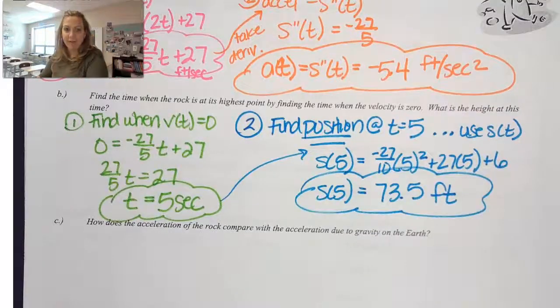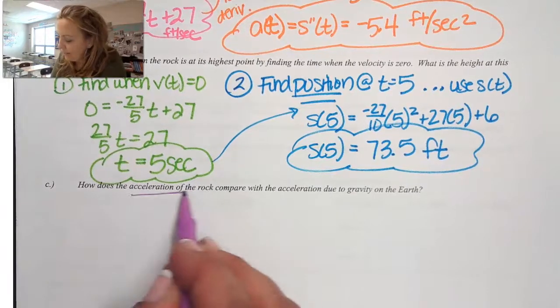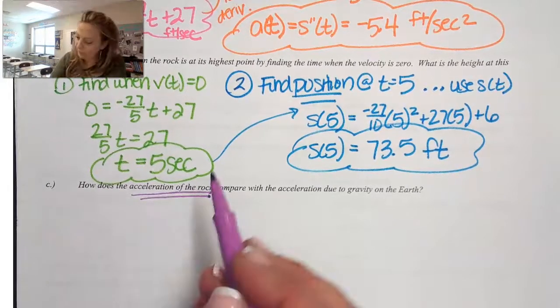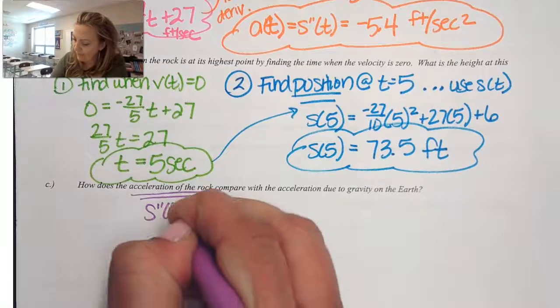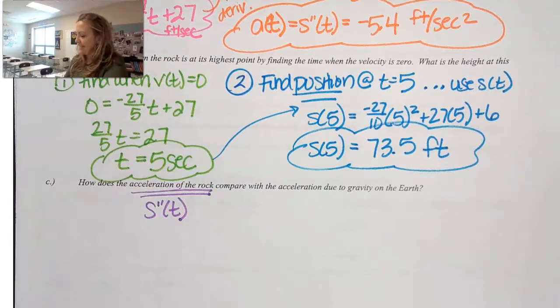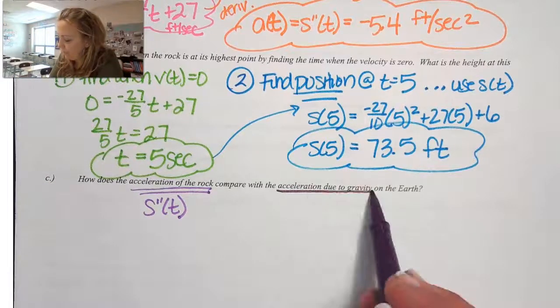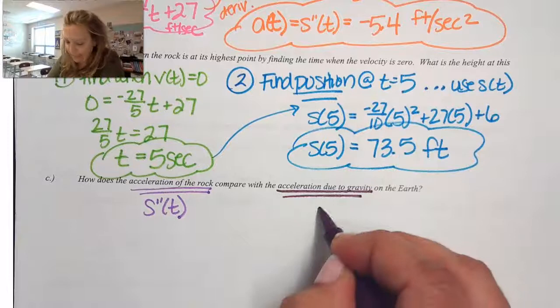So one more question: how does the acceleration of the rock compare with the acceleration due to gravity on Earth? So again, the acceleration of the rock is going to be s double prime of t. Remember, that's our acceleration. And the acceleration due to gravity on the Earth is going to be that g.